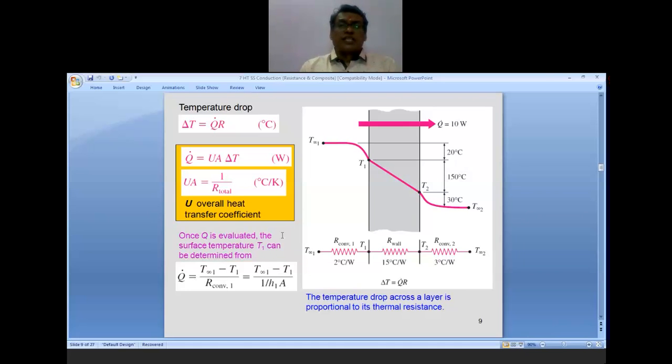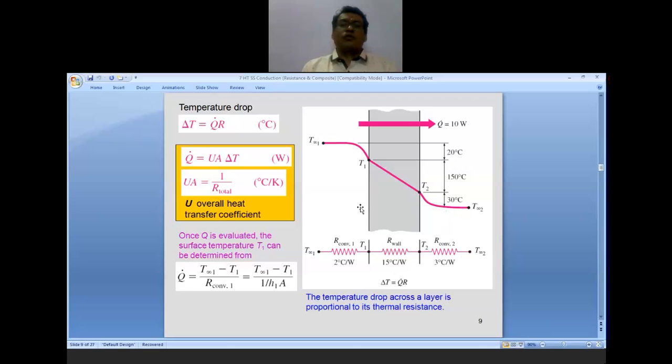From this temperature gradient, T infinity 1 to T1, we are doing calculations now. T infinity 1 to T1, this is the resistance that has been taken into account, and this is called the convective resistance. This is a conductive resistance, because of the metal wall which is offering it. Again, this is the convective resistance because of the gaseous film.